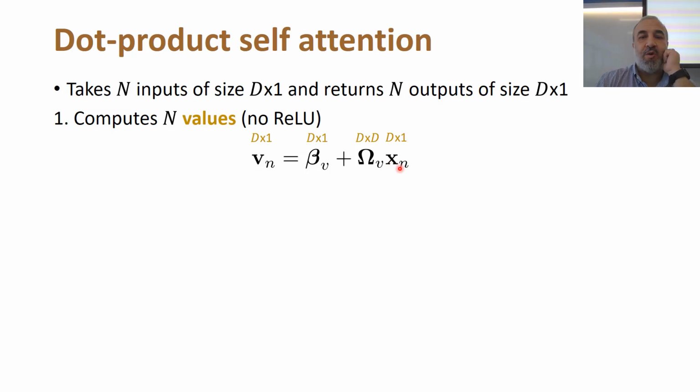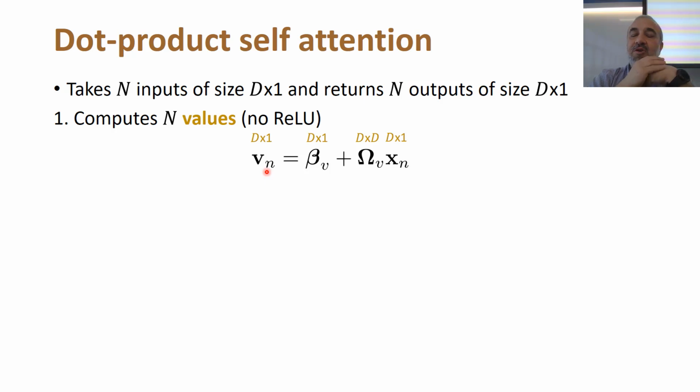We multiply it by a weight matrix, add biases, and that will be the value vector. This is exactly what we do in one fully connected layer without the activation function. That's just the linear part, so there is no activation function here.